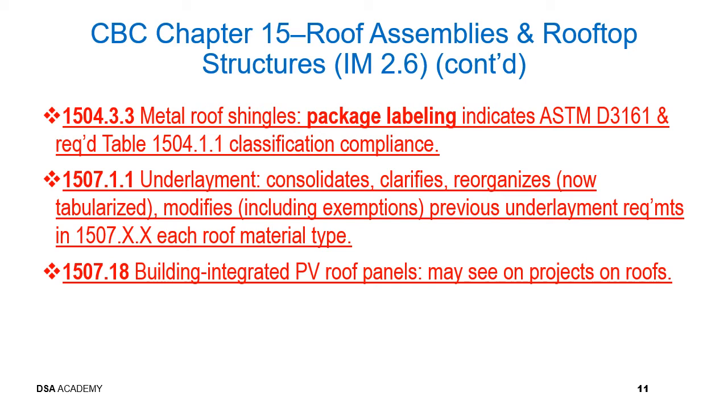This section now consolidates, clarifies, reorganizes, and modifies previous underlayment requirements for each roof material type into a table. Now there is a new section 1507.18, Building Integrated Photovoltaic Roof Panels.